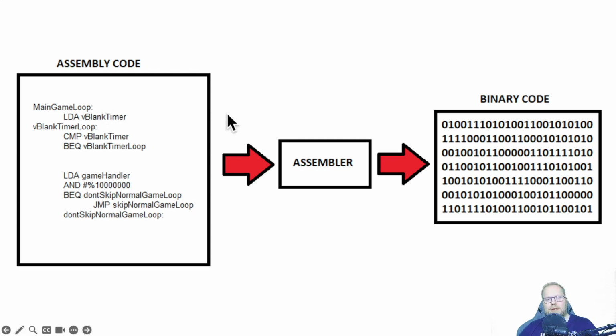That file is run through what we call an assembler. An assembler is just a tiny piece of software that translates assembly code into binary code, basically zeros and ones, because any computer can only understand zeros and ones. A computer can't understand LDA or whatever.